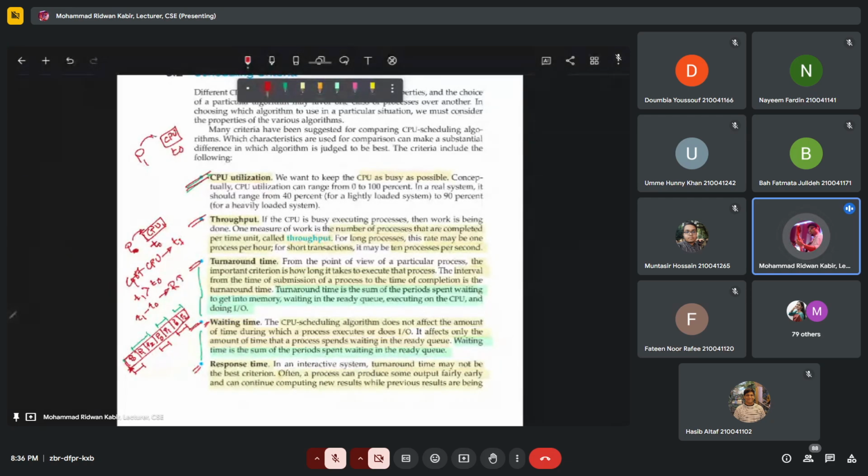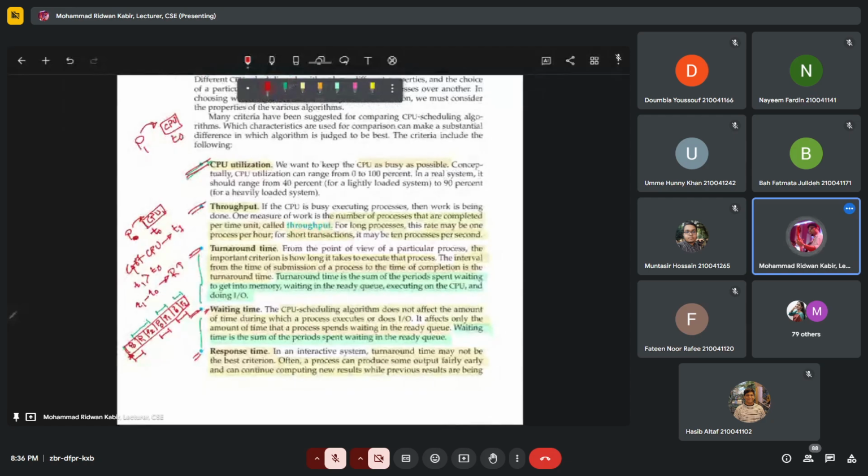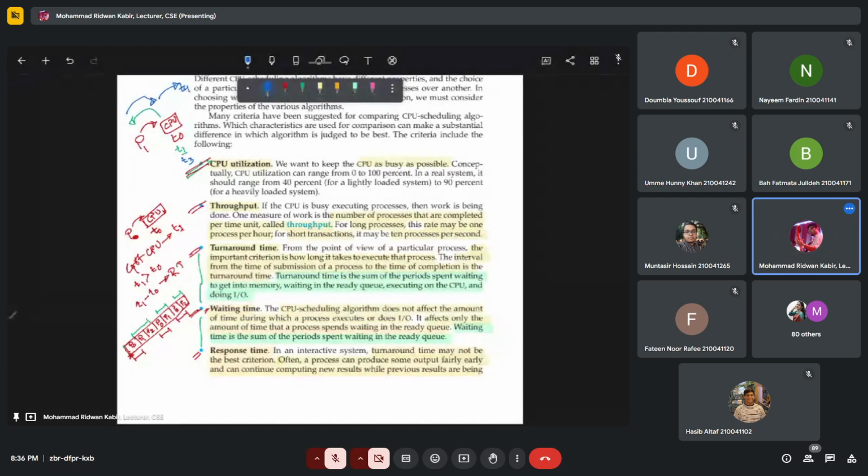Now at time t1, it is swept out of the CPU, and finally at time t3, it is again returned to the CPU, and at time t4, it finishes its execution.